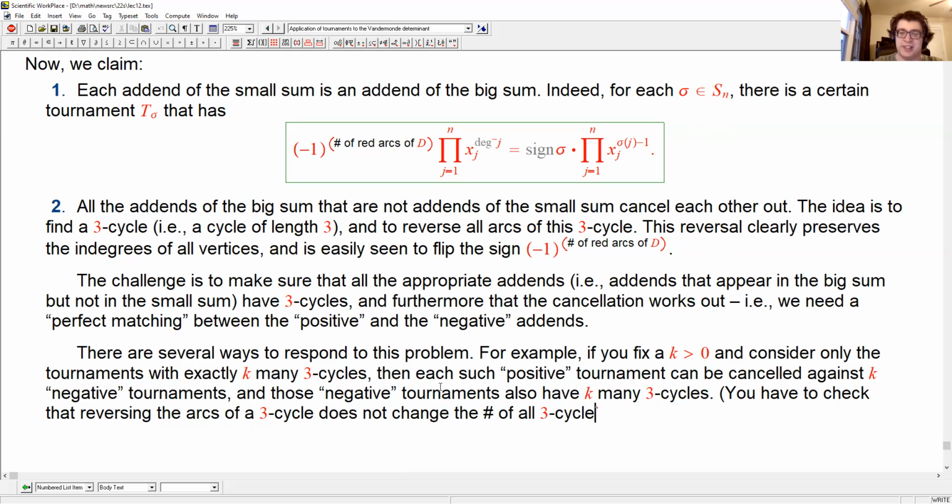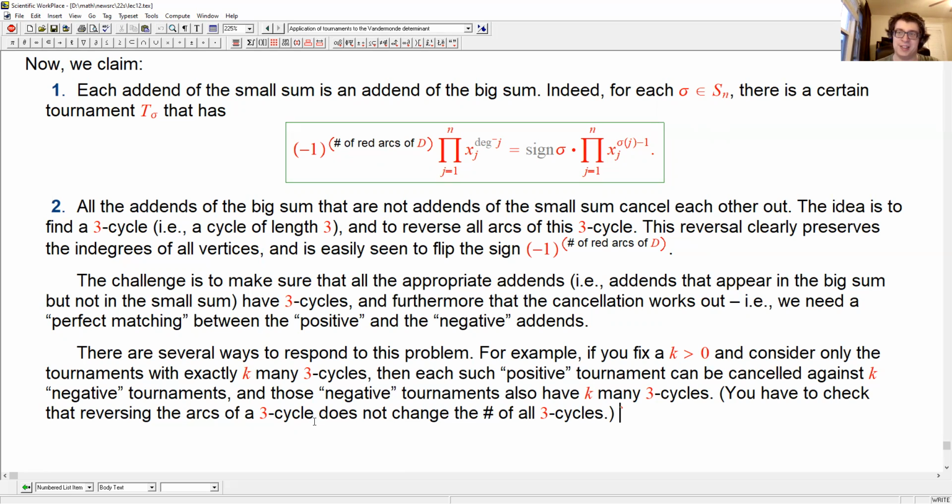And that's a nice little lemma that you might enjoy proving. But once you know that, you get some kind of k to k matching. So instead of a perfect matching where you just have everybody dance with a partner, you have this kind of twisted version: everybody has k hands and holds a different partner on each of them.